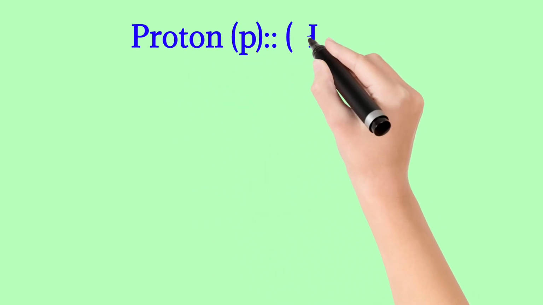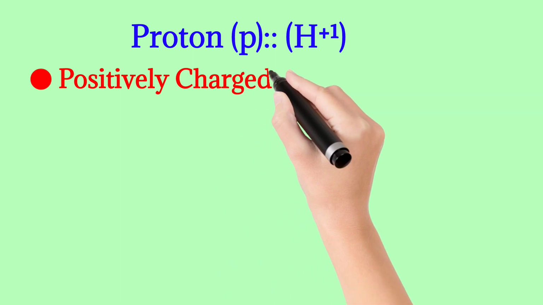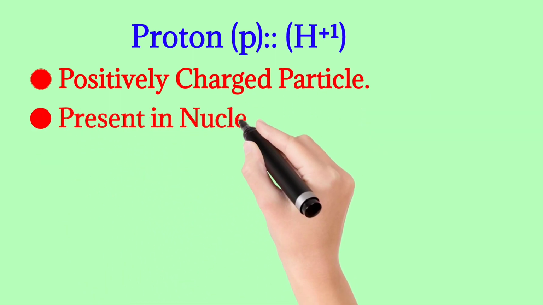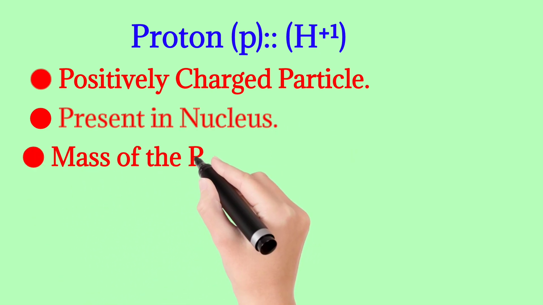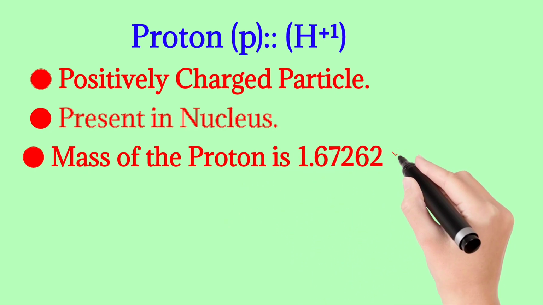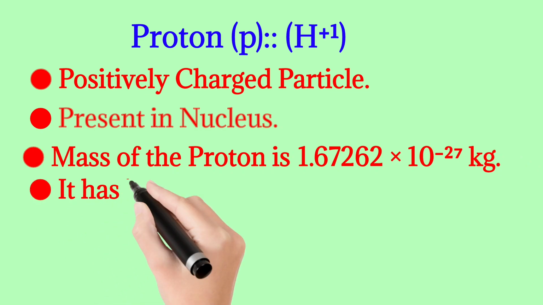Next, proton. It is the H+ ion source, a positively charged particle present in the nucleus. The mass of the proton is 1.6726 x 10^-27 kilograms.